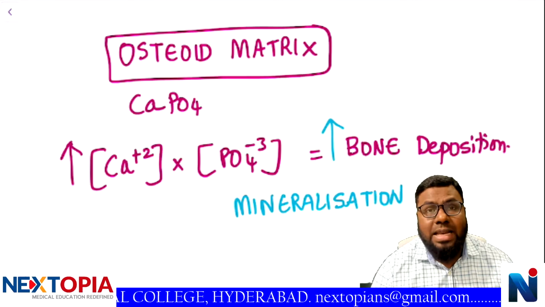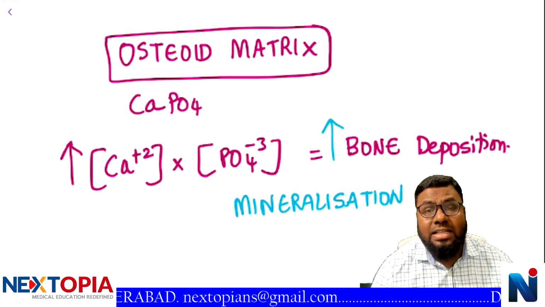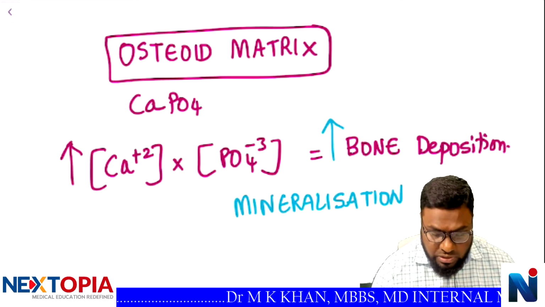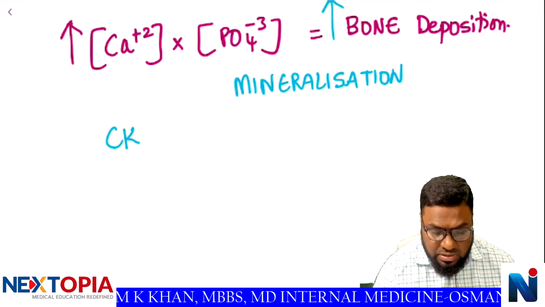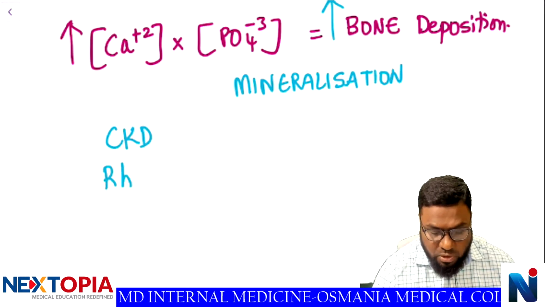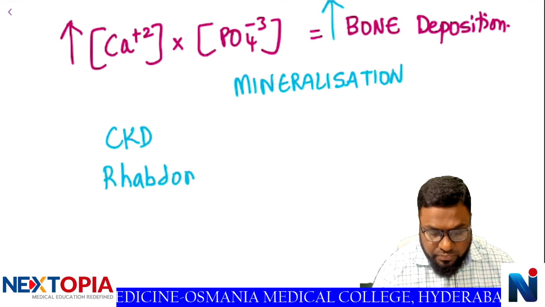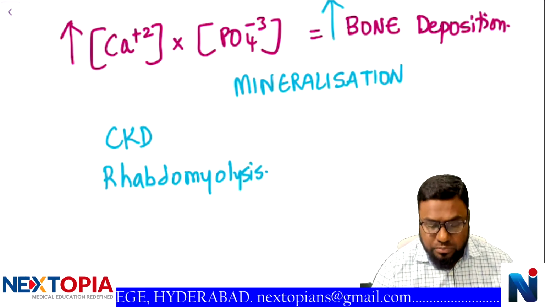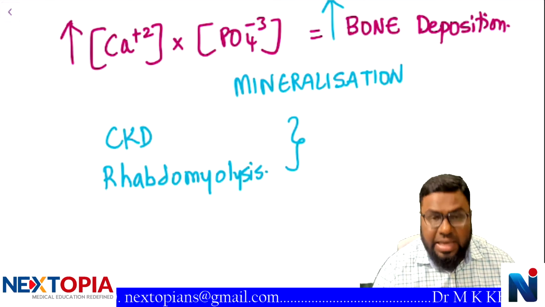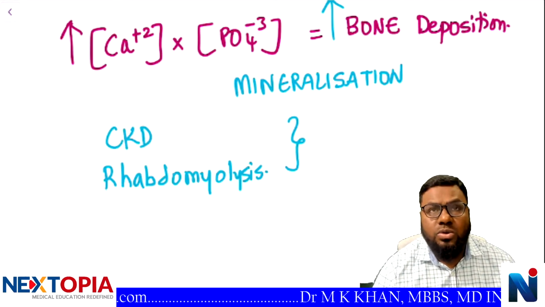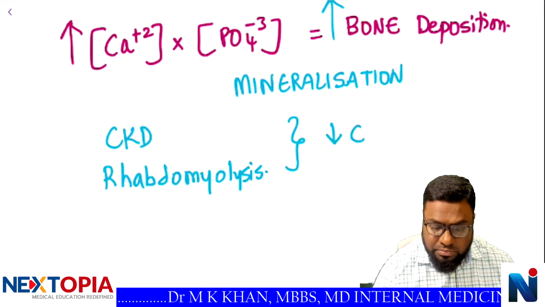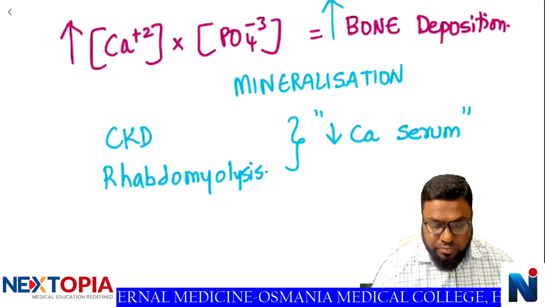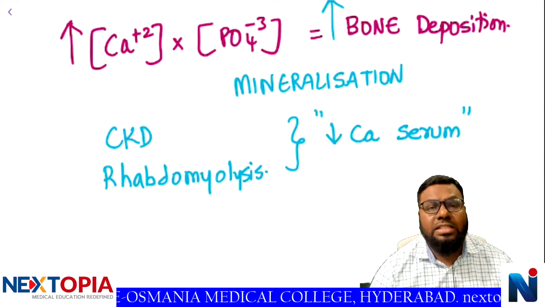Sometimes what happens, there is a malignant increase in the concentration of calcium or phosphate because of renal disease, chronic kidney disease, or because of muscle breakdown, rhabdomyolysis. These conditions increase the mineralization so that the serum calcium comes down.